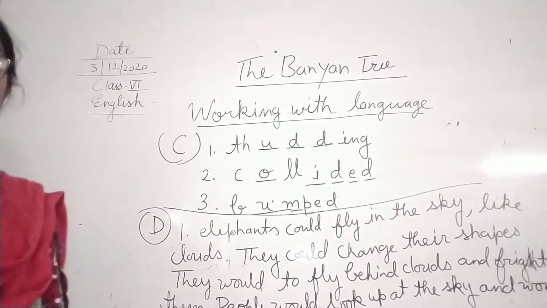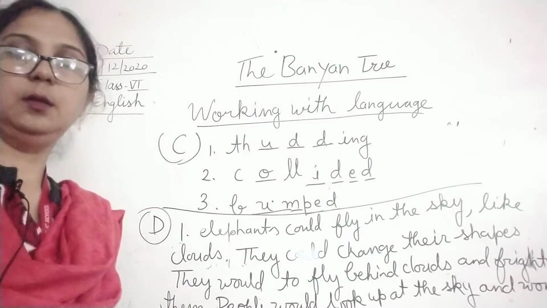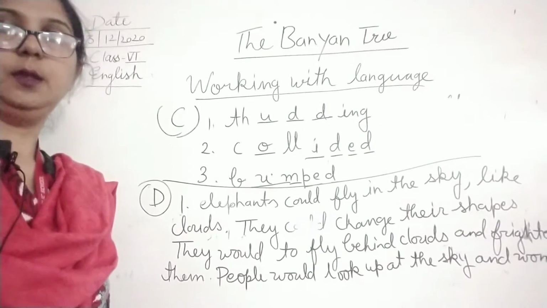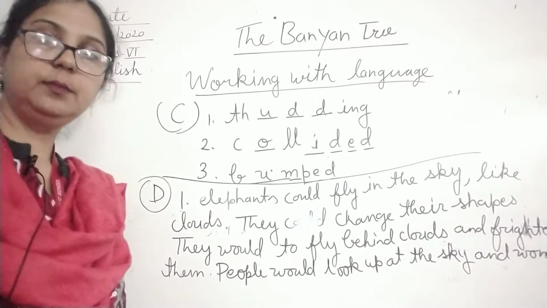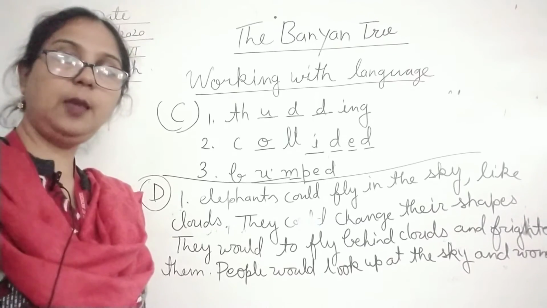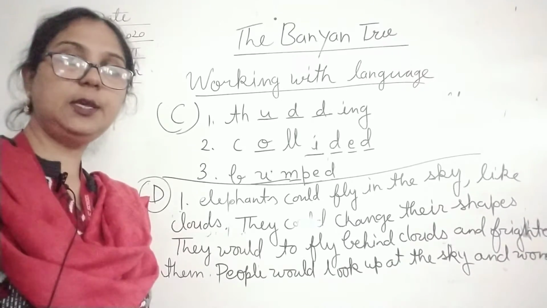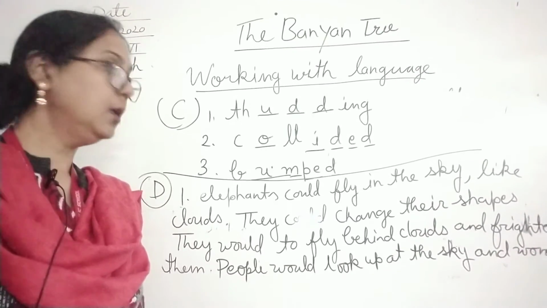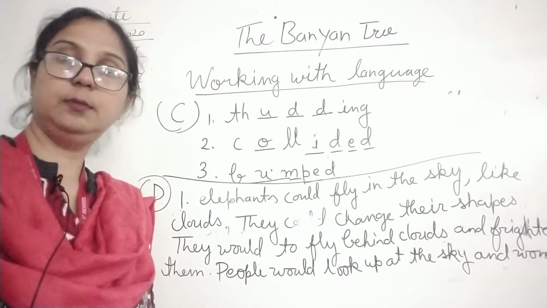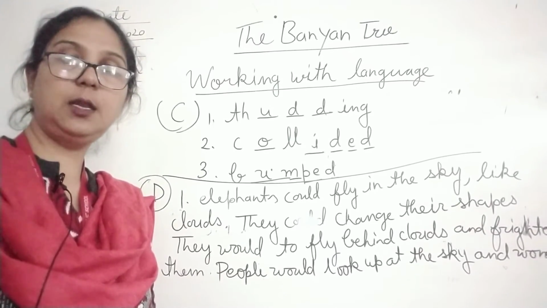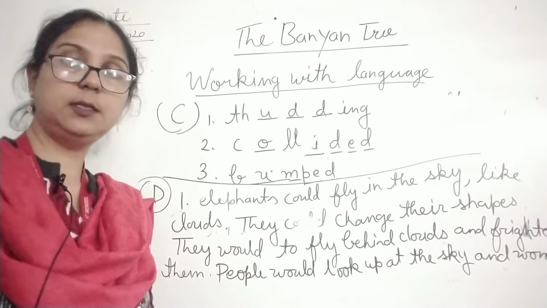Now children, complete it. Completed children? So in place of able to or used to, we have replaced in could and would. So children, complete it. Now we are going to do the next number.